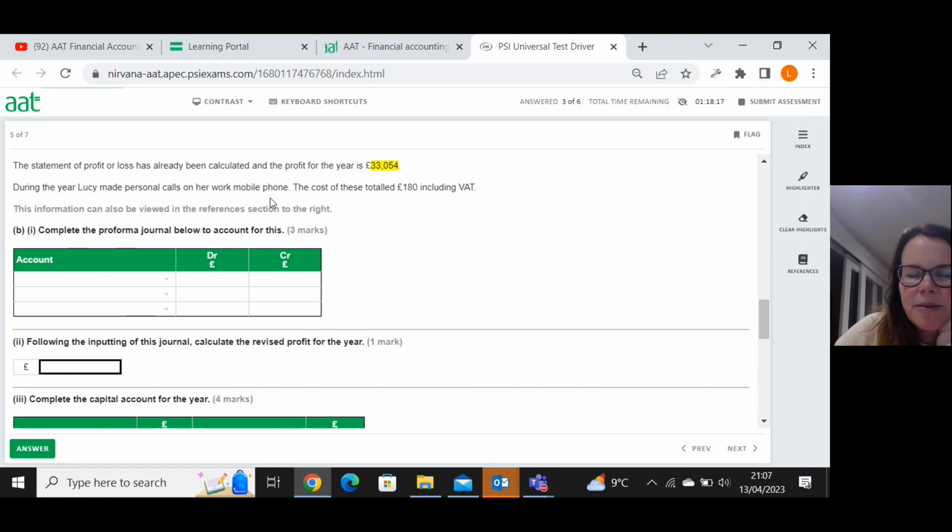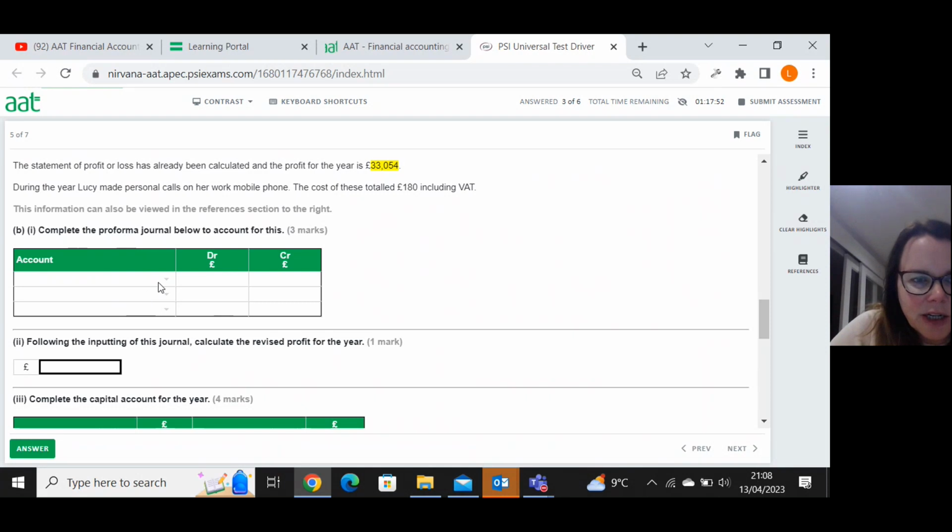How's the best way to explain this? Included at the moment in the telephone account will be a debit of 150. Included in the VAT will be a debit, so reclaim of £30. And the credit presumably would have gone to the bank.